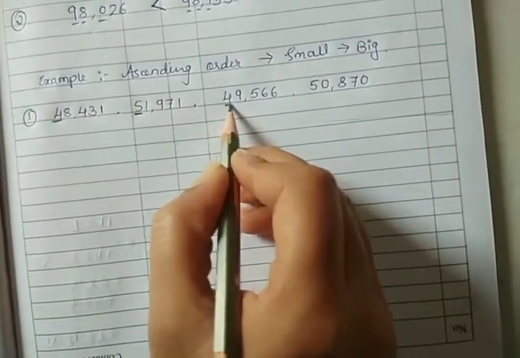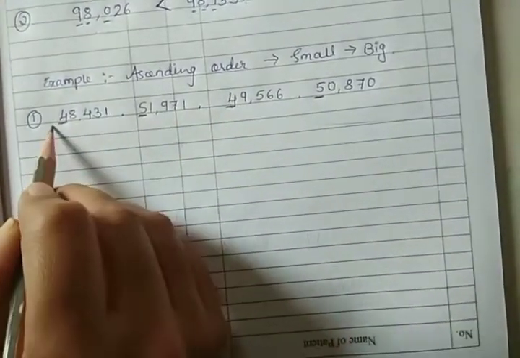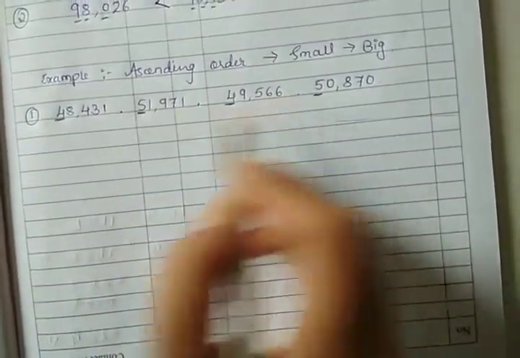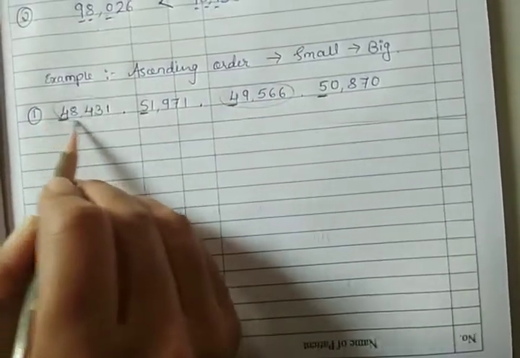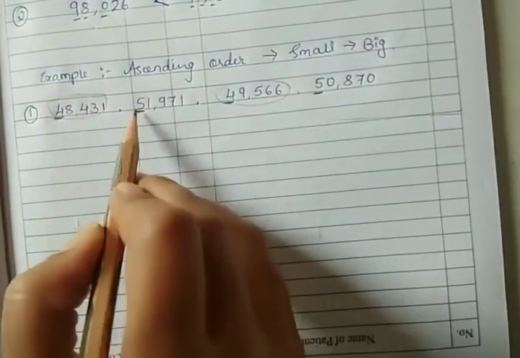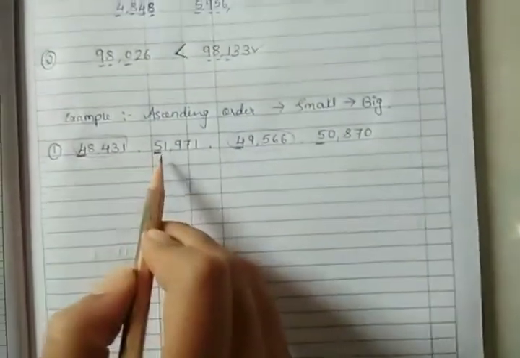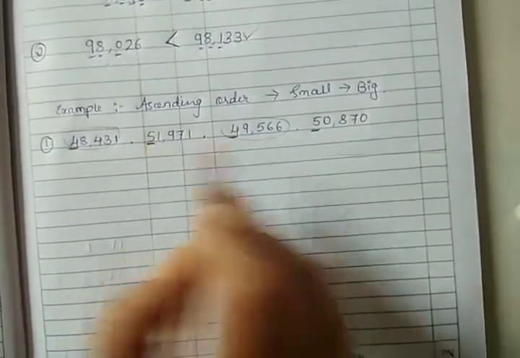Yes, 5 is bigger than 4, because 4 is smaller than 5. So these two numbers we will compare first, then these two numbers.